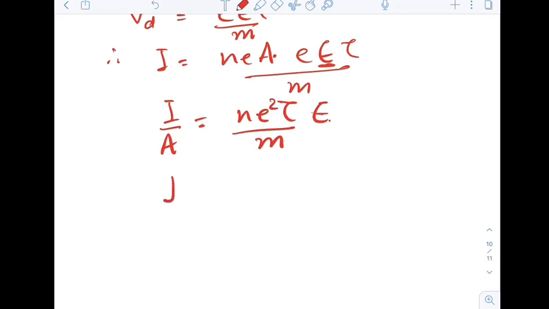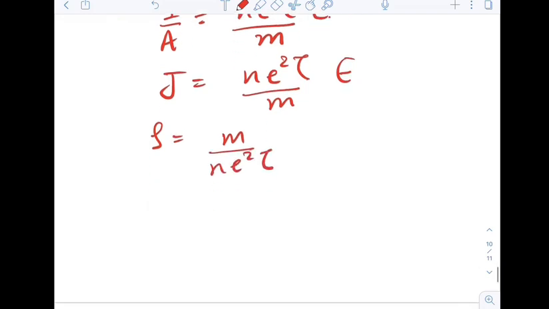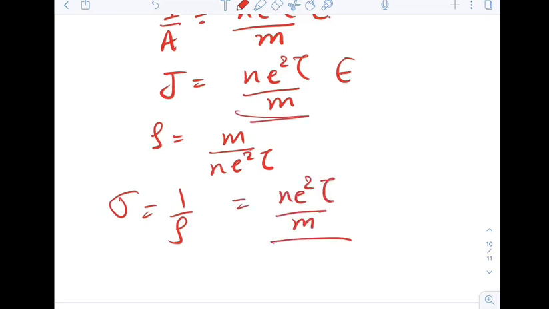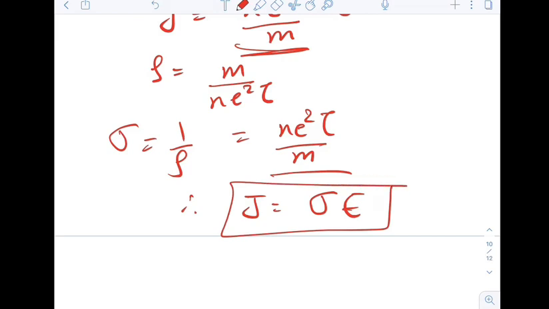I by A becomes J. J is equal to N e square tau by m into E. Now if you remember from the previous topic, rho was equal to m upon n e square tau, and 1 upon rho, which is equal to sigma, can be written as n e square tau by m, which is just right here. So I can say therefore J is equal to sigma into E, which is our required equation.